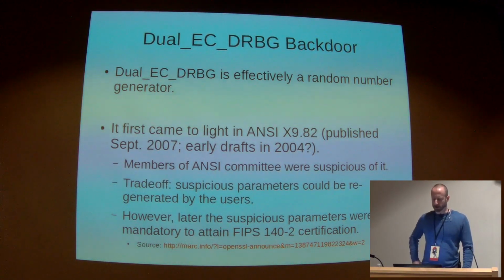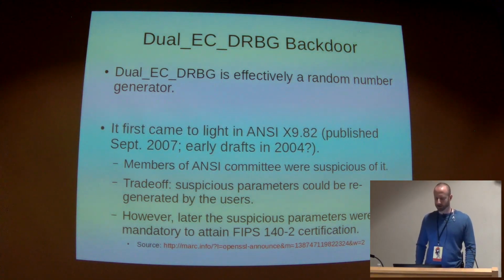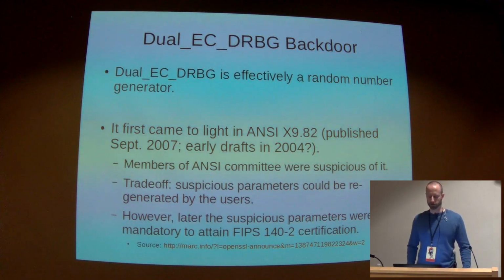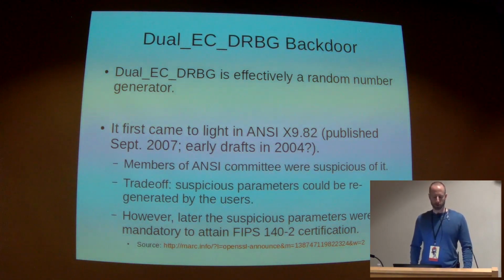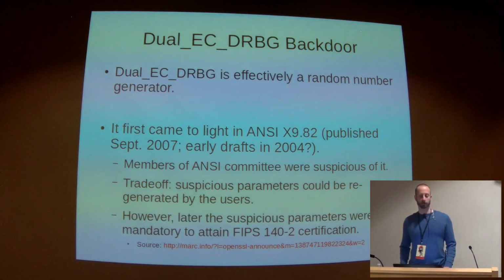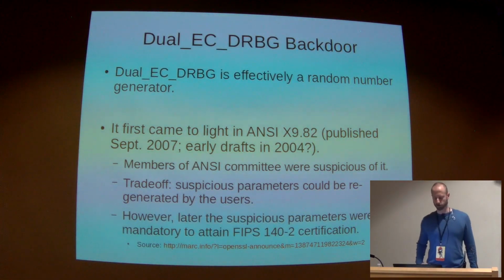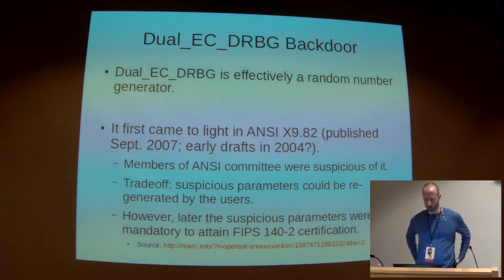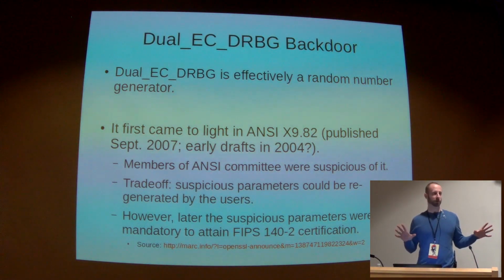So in ANSI X9.82, it was defined. This was published in September 2007, although there were early drafts kicking around in 2004. The members of the ANSI committee, right off the bat, were very suspicious. What they noticed was that this random number generator had two parameters to it.